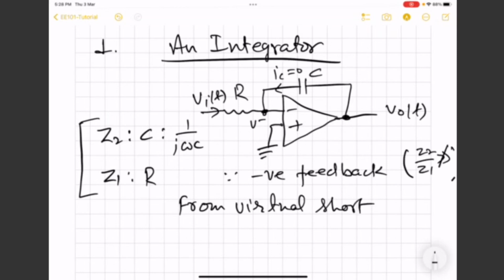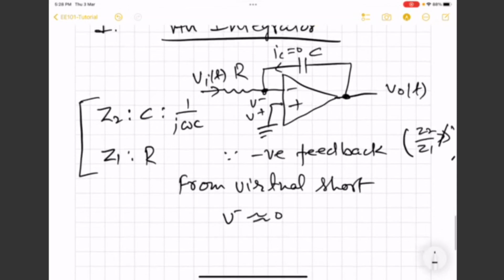So from virtual short, we know that this V minus is going to be 0 because V plus is grounded. So now we can write KCL very easily at the V minus node.